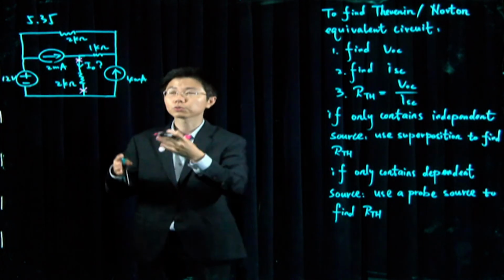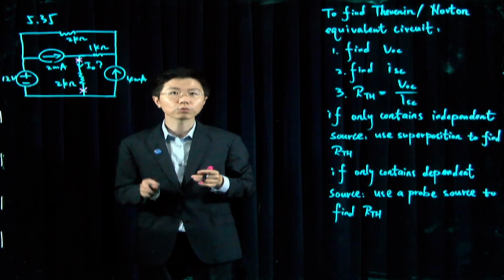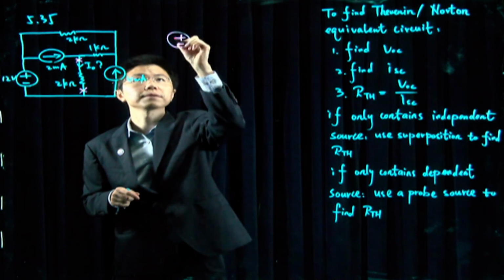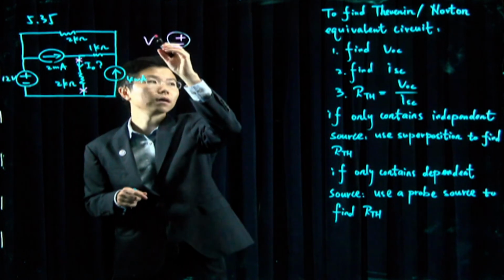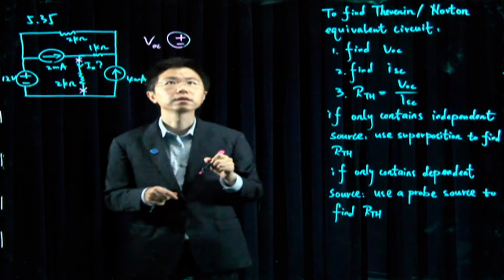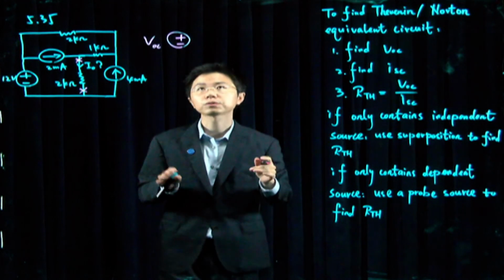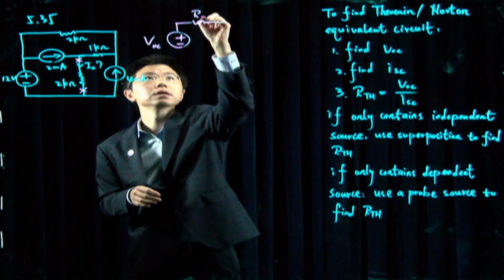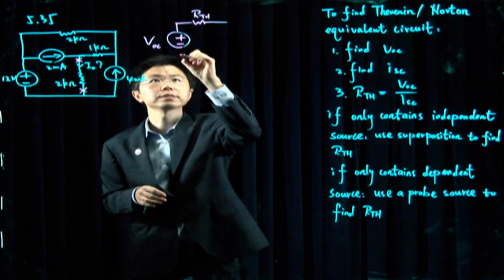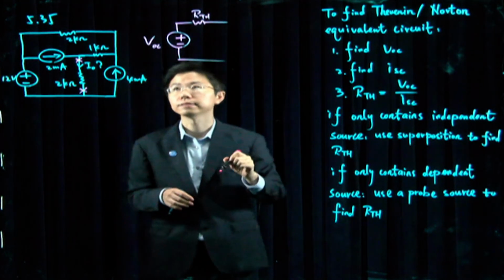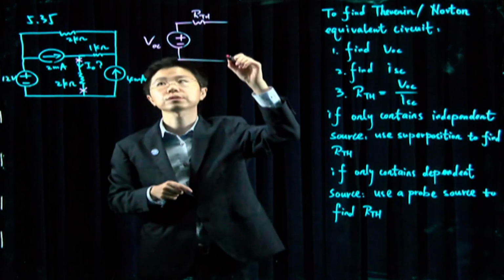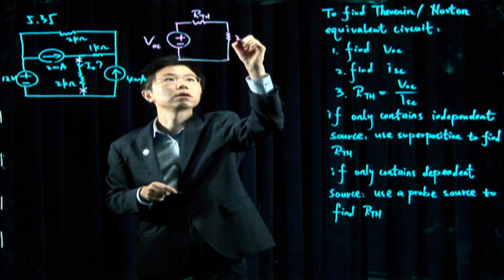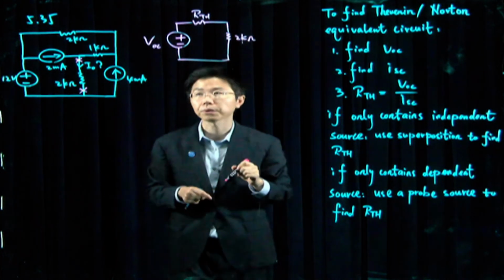In this question, we're asked to find the Thevenin equivalent circuit, and what we end up with will be a Thevenin equivalent voltage source in series with the Thevenin equivalent resistance, which we then connect to this 2K resistor across these two terminals.